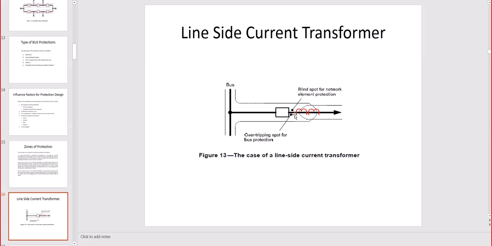But there is an over tripping spot for the bus, because the bus will see that with other sensors on the bus and will trip, but it needs to overreach over the breaker. That is called an over tripping spot, and for the network or load side it is considered a blind spot.